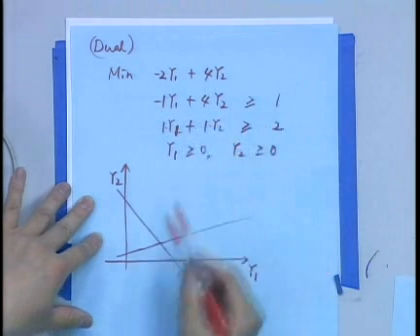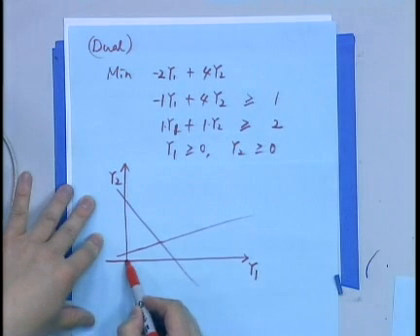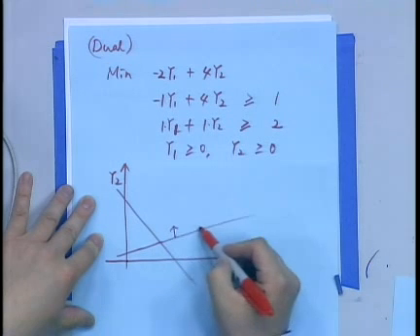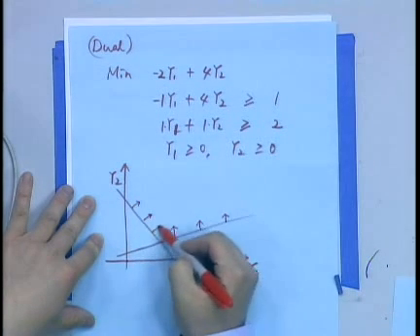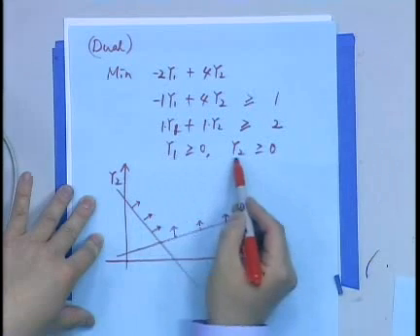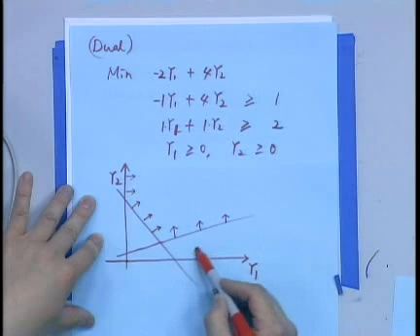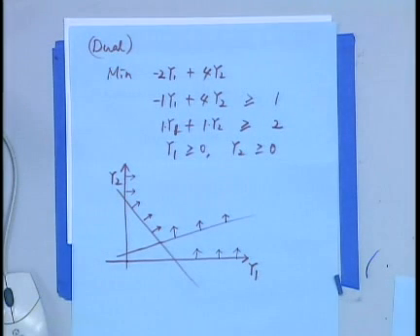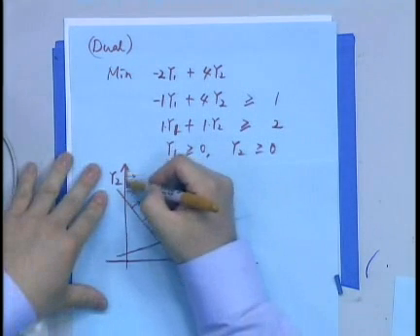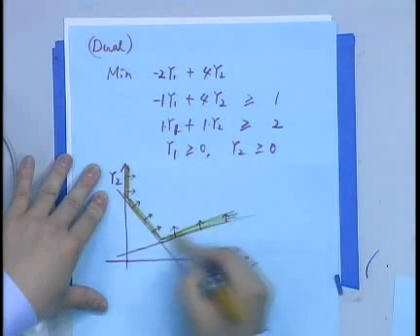So the origin is not one of the feasible points, okay? Which means the feasible region would be this side and this side. And because of the non-negativity restriction of each decision variable, the feasible region would be this side. Which means we have the feasible region like this. Okay?